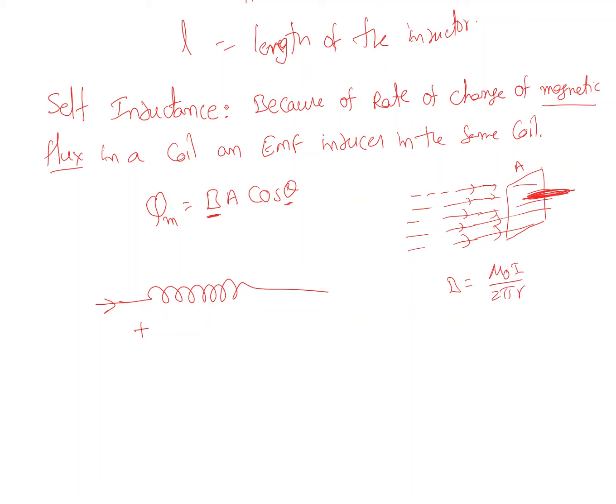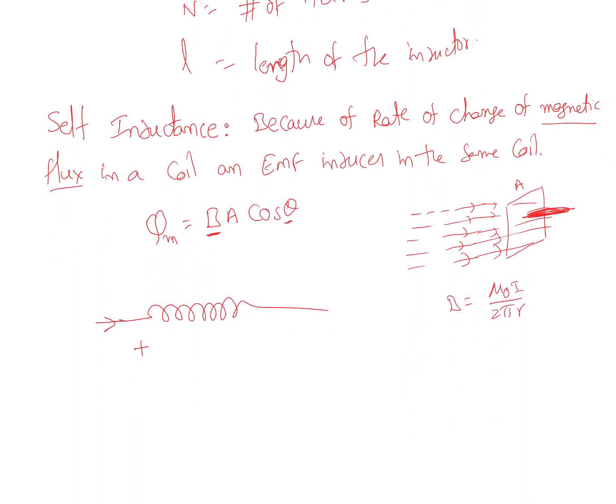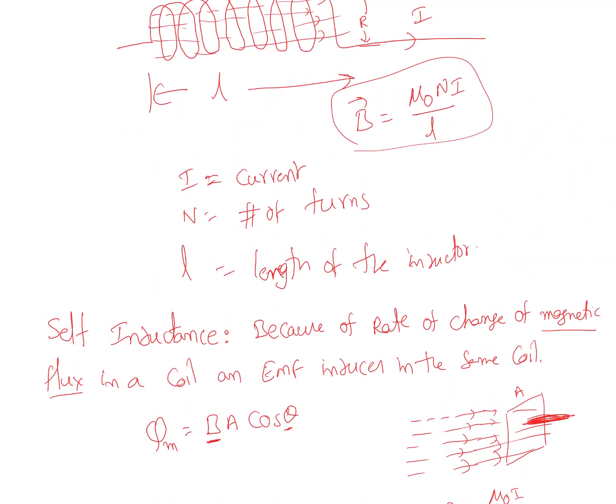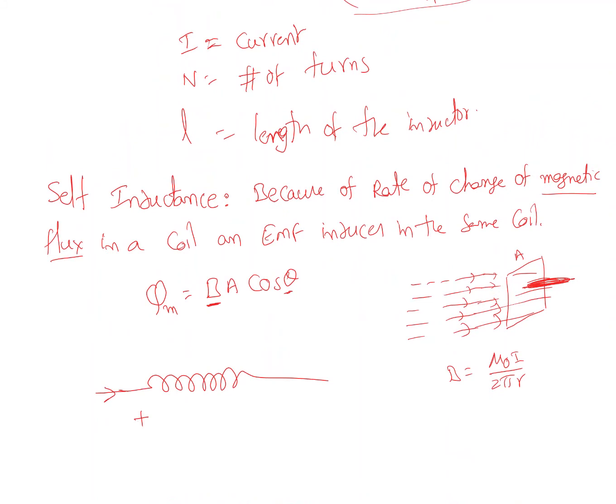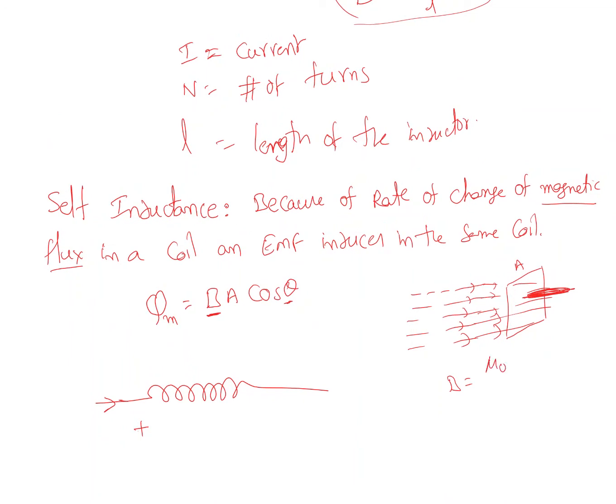But for the whole coil or solenoid, B is mu naught n I over L. That's the magnetic field.